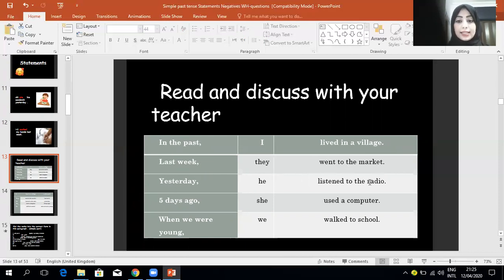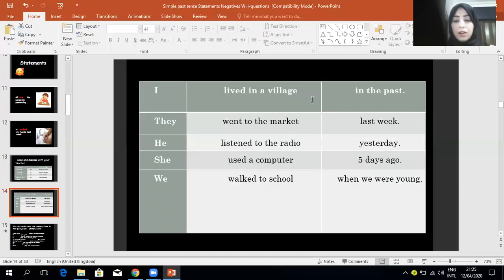Yesterday, he listened to the radio. 5 days ago, she used a computer. When we were young, we walked to school. I want you to notice that all the keywords can be at the beginning of the sentences, and here, all the keywords can be at the ending of the sentences.